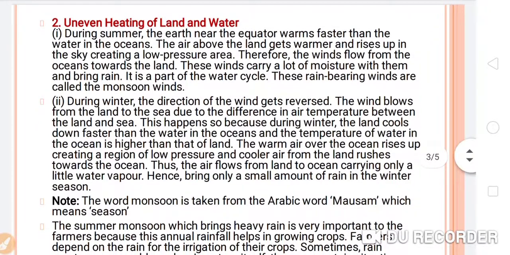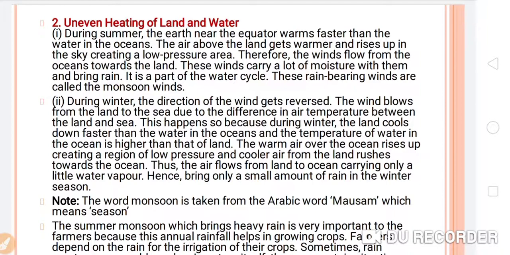Therefore the winds flow from the oceans towards the land, because inside the ocean the temperature is less. The air that comes from the ocean side is denser, and its temperature is very low, so it does not start moving from bottom to top.